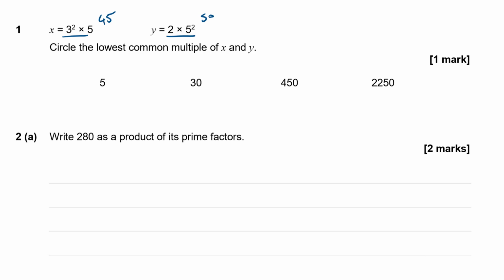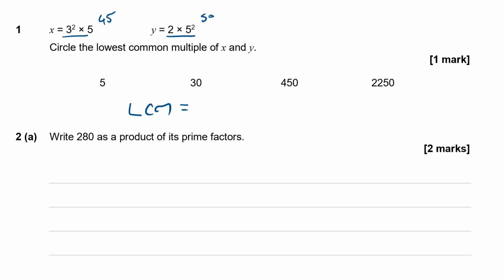The method for finding lowest common multiple from products of prime factors is quite simple actually. What you do is you look at both your numbers in prime factor form and you read off every base that appears in either number.